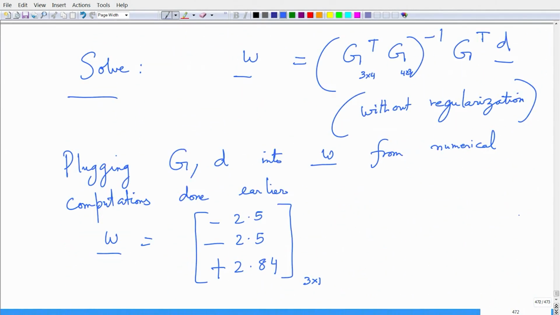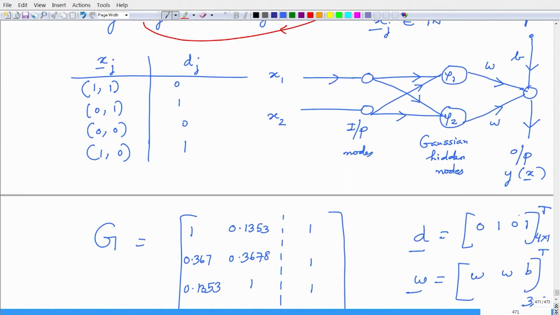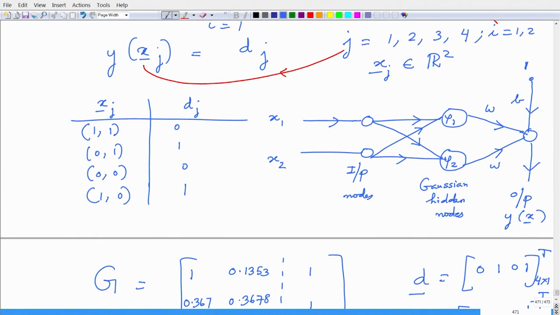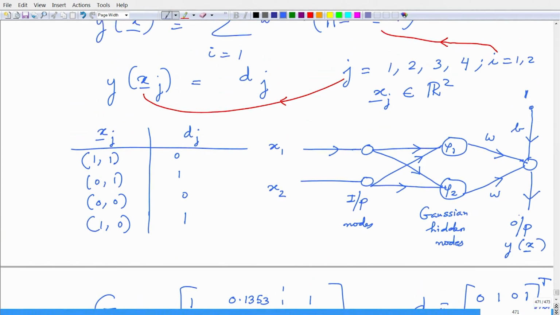Once you solve for W, you choose these parameters for the weights connecting the Gaussian units to the output node, and with the choice of the bias, you have the solution to the XOR problem.